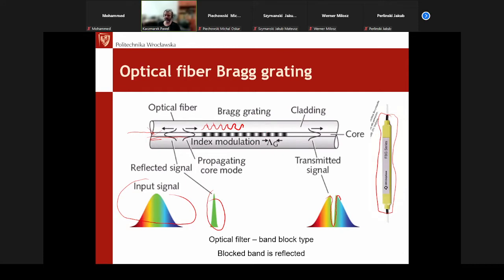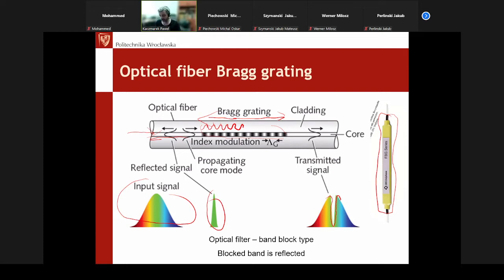So if you simply stretch this structure, of course this grating is also stretching, so the wavelength reflected by such a grating is also changing. If you stretch the Bragg grating, you will reflect longer waves than without any stress induced into the grating.